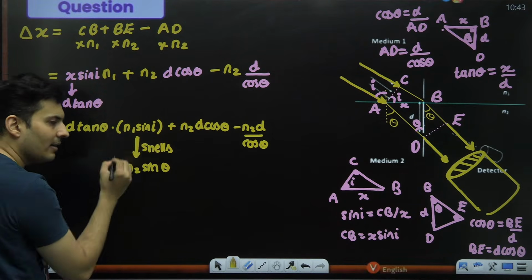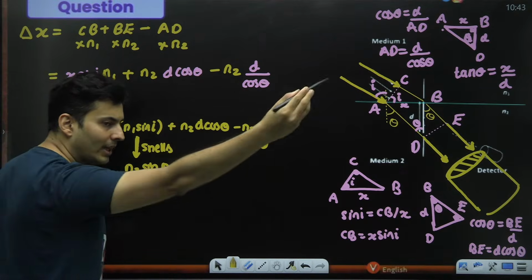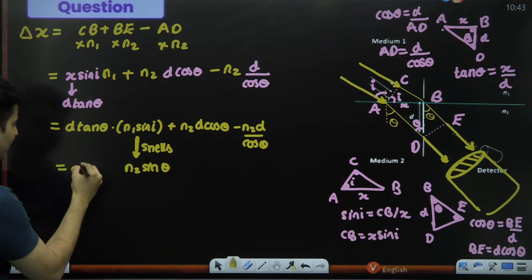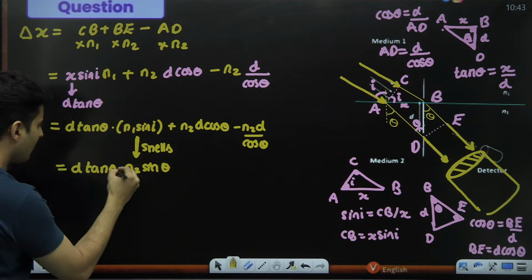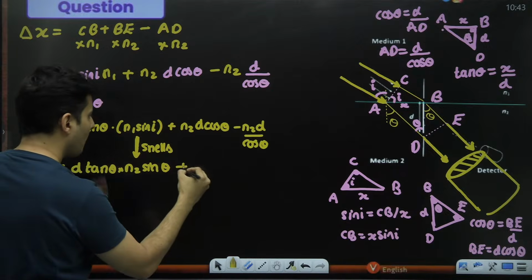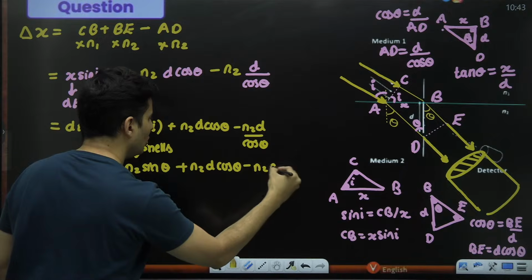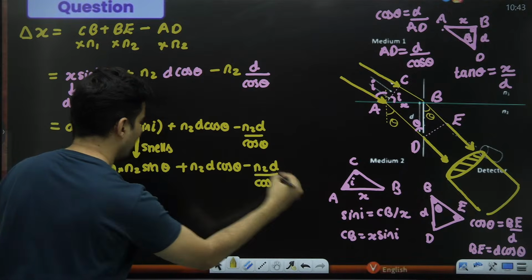So n1 sine I1 will be n2 sine I2 is equal to n3 sine I3. That is how Snell's law works. So that is why this is d tan theta multiplied by n2 sine theta plus n2 d cos theta minus n2 d by cos theta. Perfect.